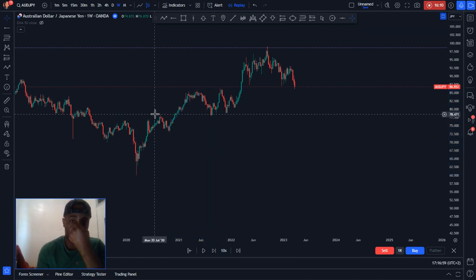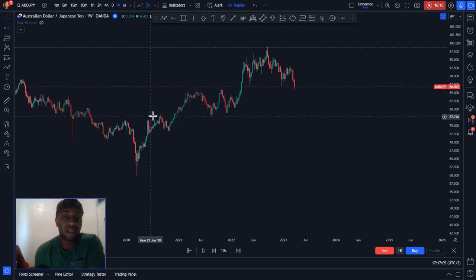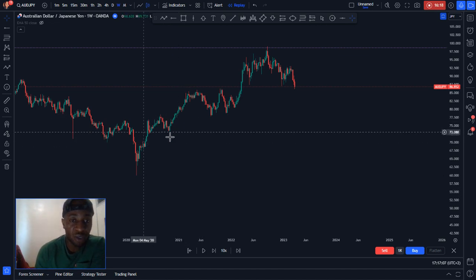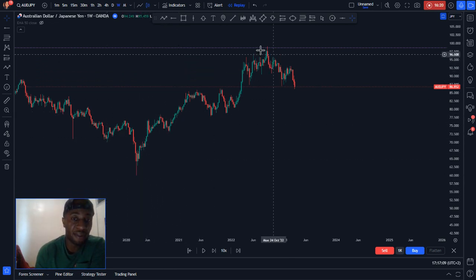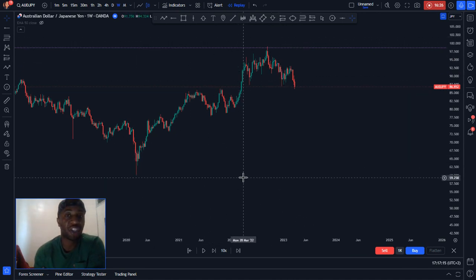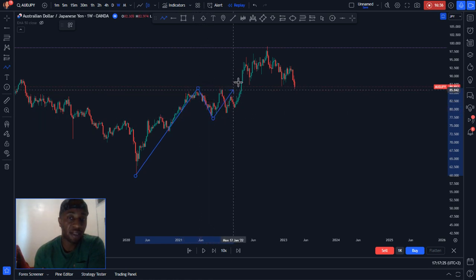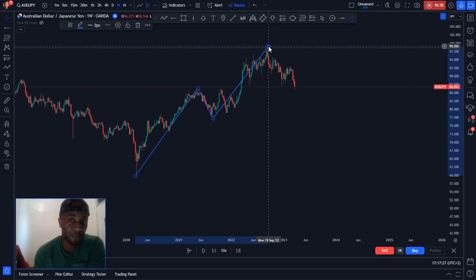You can't say the market came to this point, to this point, to this point. This is more like a substructure. I want you guys to be able to have a bigger structure, a kind of bigger picture. So this is the substructure. You should be able to see that the market created this high, and then it created this low, and then the market created this high right here.